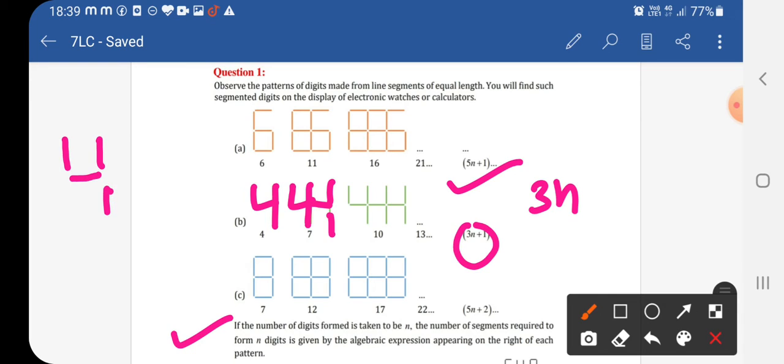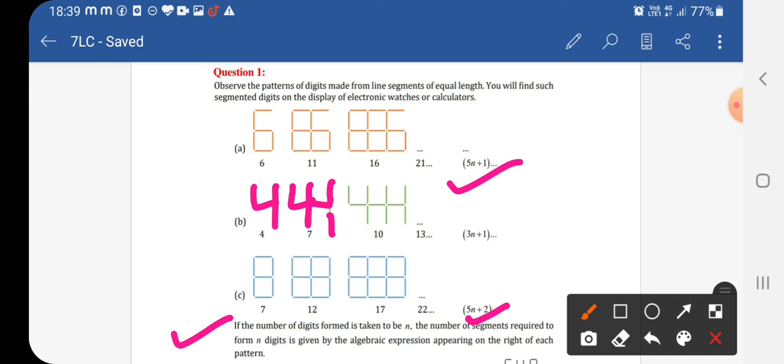Now for a new one, 1 is already there, 2, 3, 4. So I have made 3 extra and 1 was already there, which we got from the previous one. So we have to add 1 to it. That's why we have got 3n plus 1. I hope you are understanding how this expression is obtained.